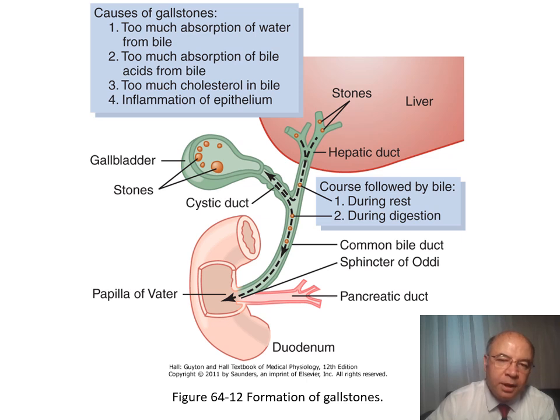In this way, it can prevent the transfer of bile into the duodenum, so that the bilirubin concentration in blood will be higher, and we will see icterus or jaundice in these patients. So the reasons for the formation of gallstones: too much absorption of water from the bile, too much absorption of bile acids from bile, too much cholesterol in the bile, and inflammation.